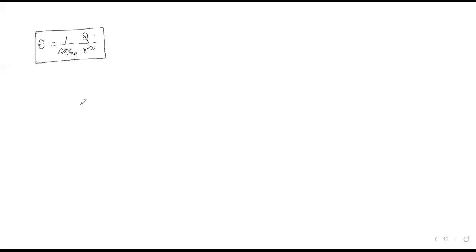Now from this relation, we can see E is directly proportional to 1 over R square. Then what will be the graph between E and R? The graph between these two will be a hyperbola, which you can draw like this.